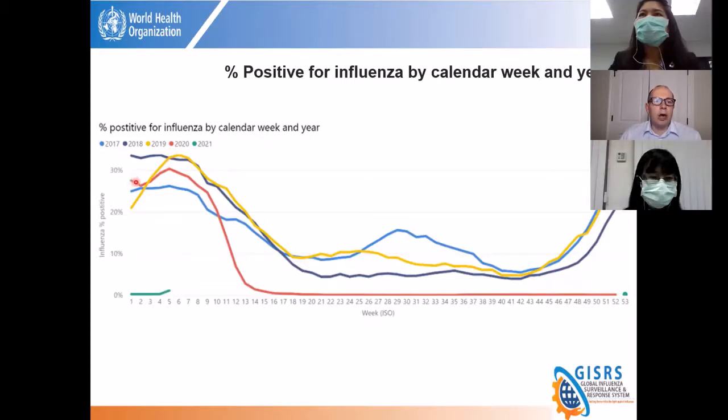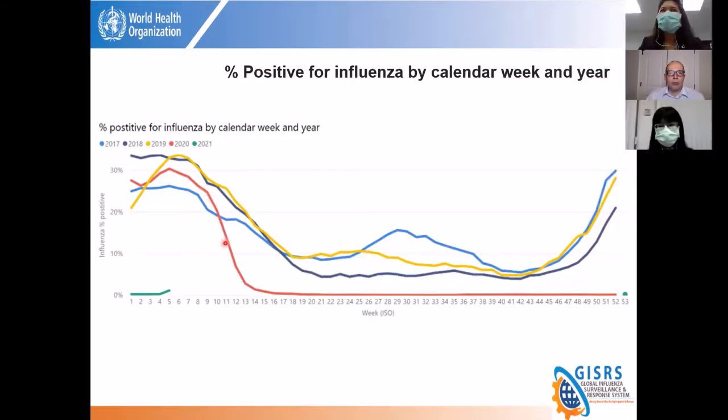But if we follow the red line here, which is 2020, flu season was just kicking off, then the pandemic came along, and the percentage of influenza positive samples plummeted and essentially stayed low all the way through the Southern Hemisphere winter season, and again all the way through the Northern Hemisphere winter season as well. So I think it's pretty well accepted now, but these are some numbers behind it. When the coronavirus pandemic came along, influenza disappeared. We don't exactly know why this is.